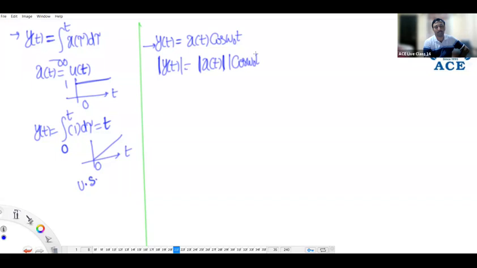Mod of a product is the product of mods on the right side. Of course, the absolute value of cos is 1 maximum. Our definite requirement is mod x(t) must be finite. Absolute value of cos is 1, mod x(t) finite means mod y(t) finite. System is stable.